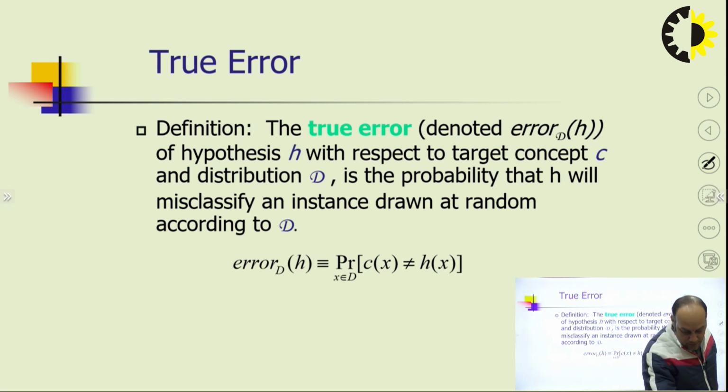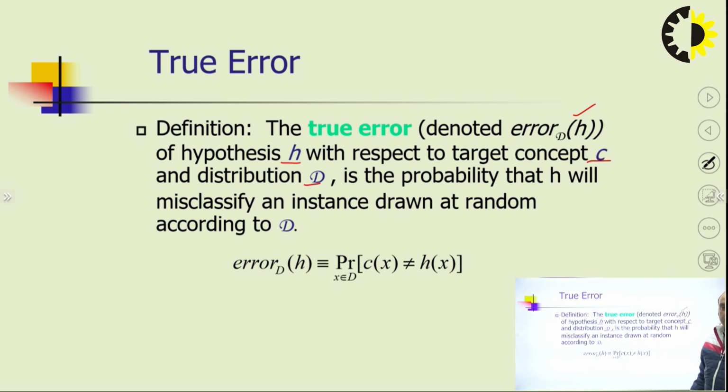How does this true error come? This is also important. This true error we have already defined and discussed in unit number 2. This true error is denoted by error D of H, of hypothesis H with respect to target concept C. So we have this hypothesis H, this concept C, and this probability distribution.